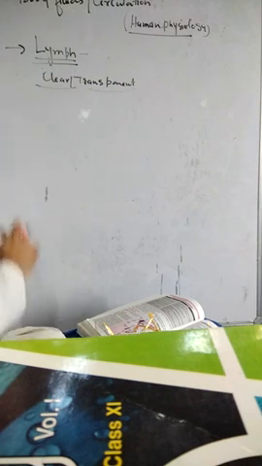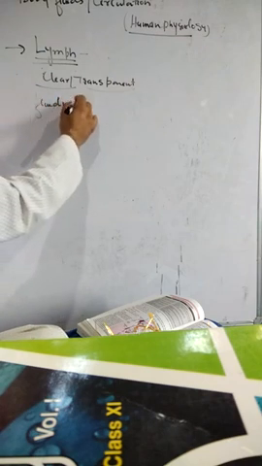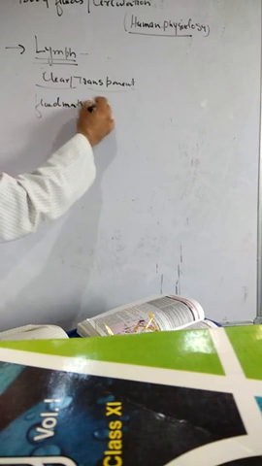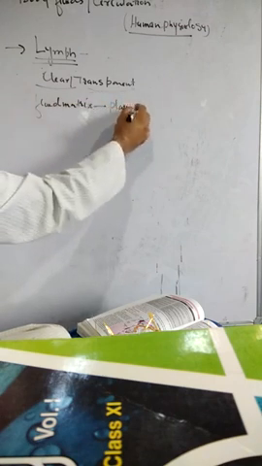Blood consists of two parts. The first is the fluid matrix, which is called the plasma.